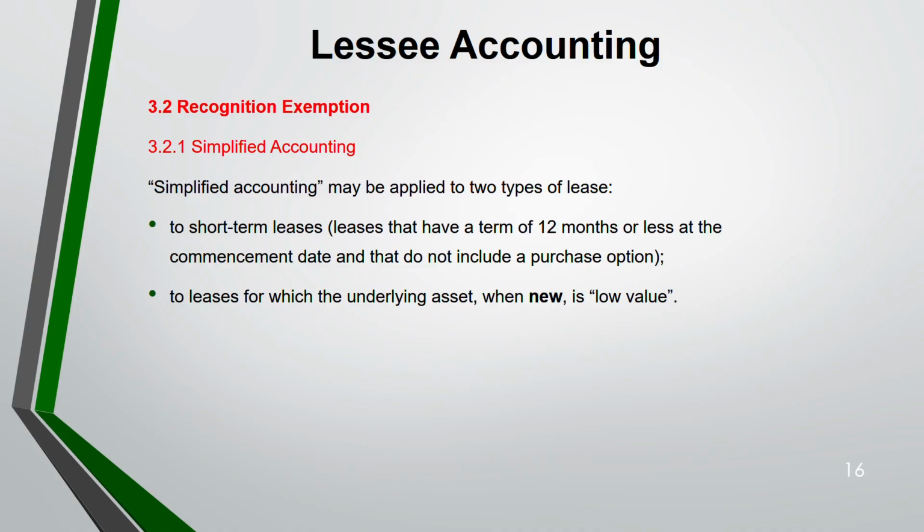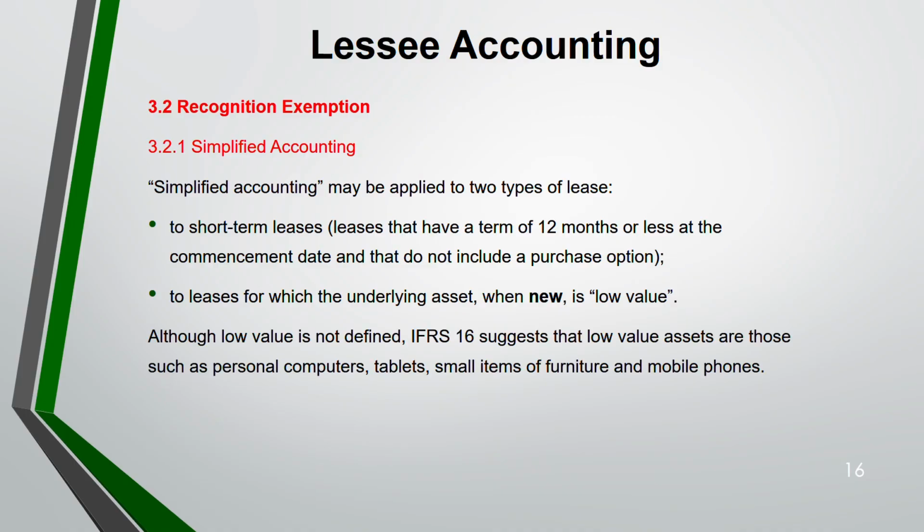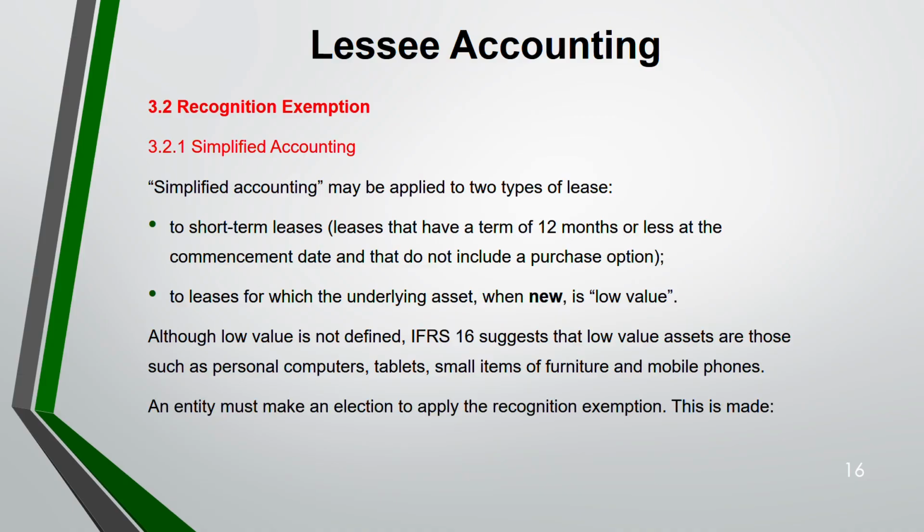See, when new, not old. The first time when you are buying it, the asset is of low value. IFRS 16 did not define what a low value asset means, but they suggest that assets like personal computers, tablets, small items of furniture, mobile phones, when you are leasing these, they are low value leases, so you will follow simplified accounting for them.